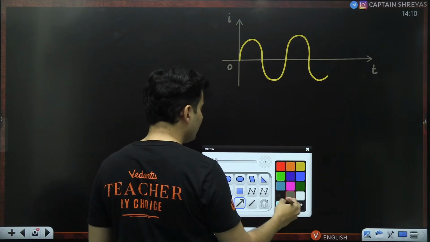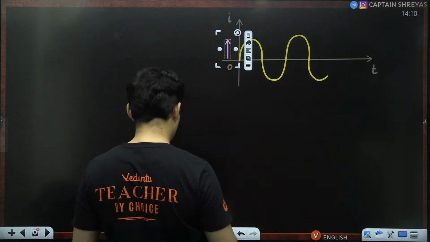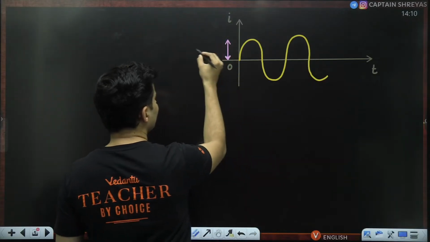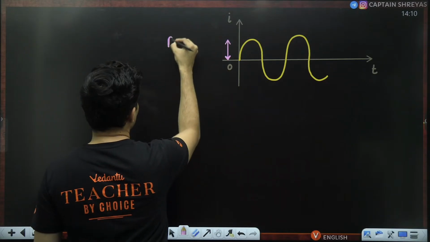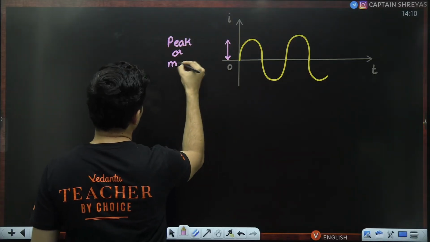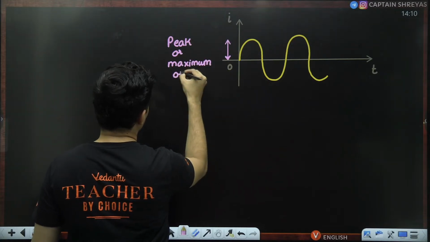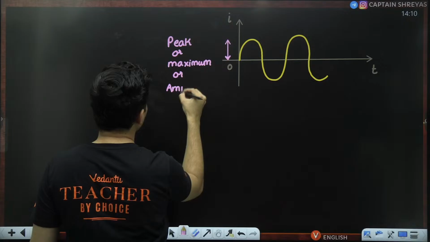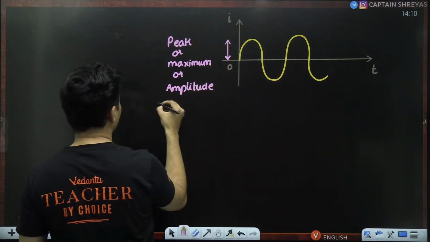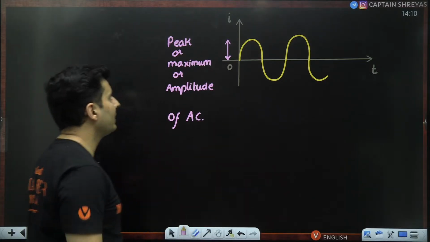Then this particular value, which you see right from here to here, this is called the peak or maximum, or basically amplitude, amplitude of that particular alternating current.